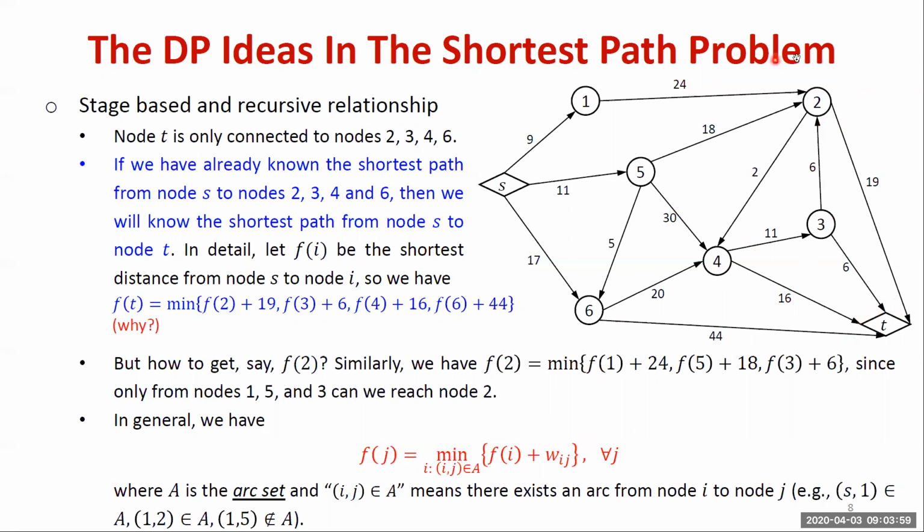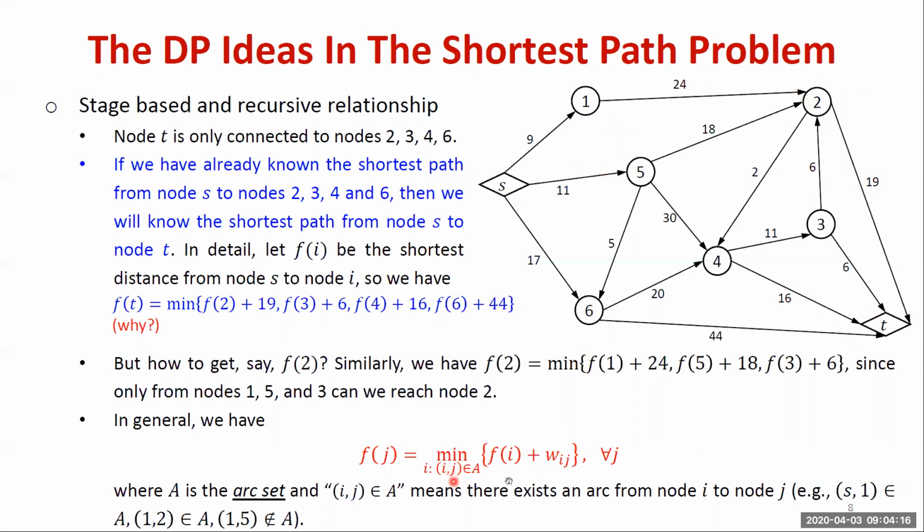Then the question is, how would you get to 2? I mean, the shortest distance from S to 2. Similarly, from which nodes can you get to 2? I can go from node 1 or node 5 or node 3, right?